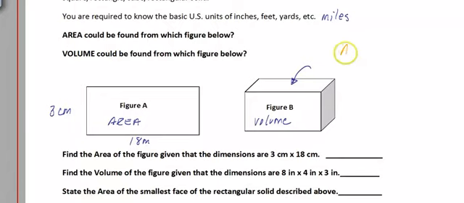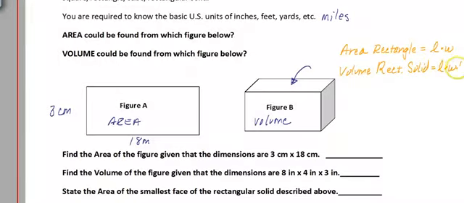The area for a square or a rectangle, I'm sure you know this, just reminding you, it's length times width. And the volume of this rectangular solid is, I'm sure you know, length times width times that third dimension, which is height.